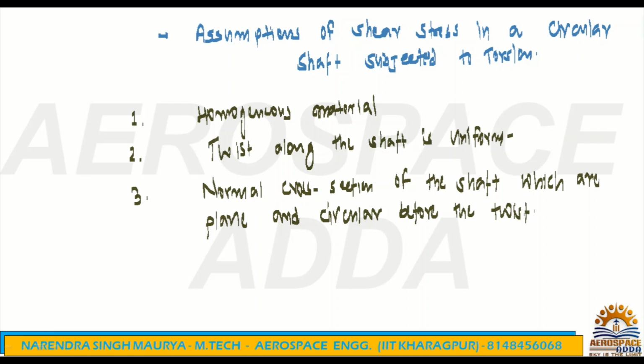Before the twist, what is the meaning of it? It means they remain plane. Whether before or after the twist, the circular shaft will remain plane. There should not be any bulging and all. It should not be out of plane, it should be in plane. That's the meaning of it.